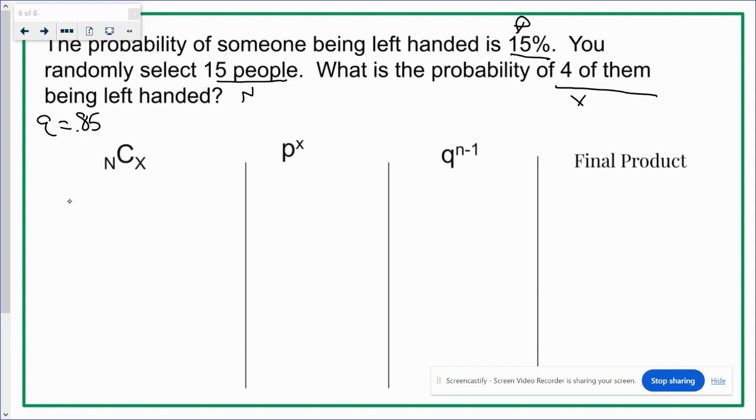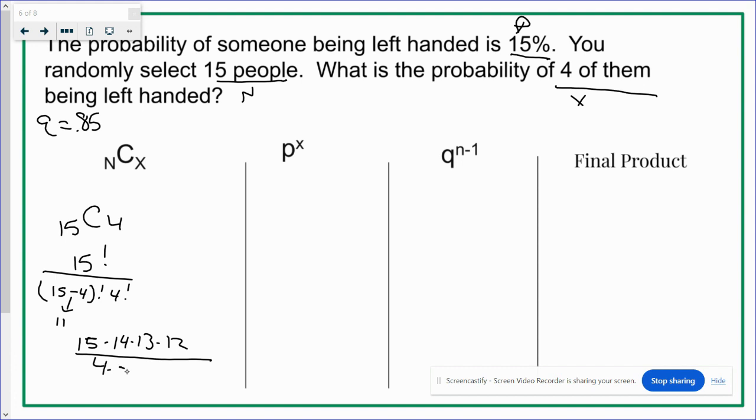All right, so let's do 15, choose 4. All right, 15 minus 4 is 11, so we're not going to go past 11 on the top. And then on the bottom, 4 times 3 times 2 times 1.